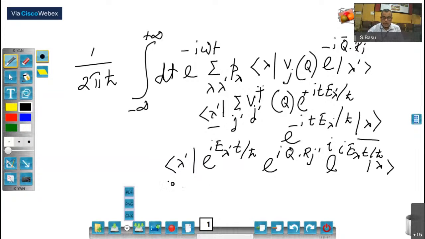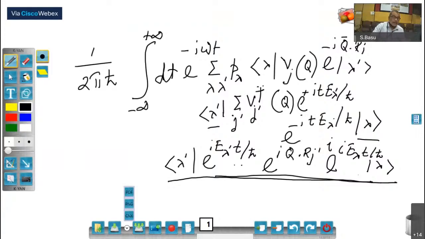Now I'll write down... please notice this term. There are also sums over J prime, and then there will be... but please notice this term. I'll go back to the transparency because here it is not so clear.